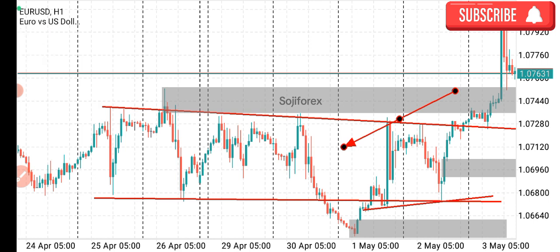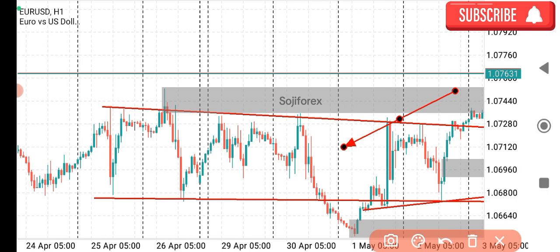The validation we are talking about in essence is that price breaks out this way, then pulls back to the support, and is supposed to return from the support to the downside, which means we could have a retest.